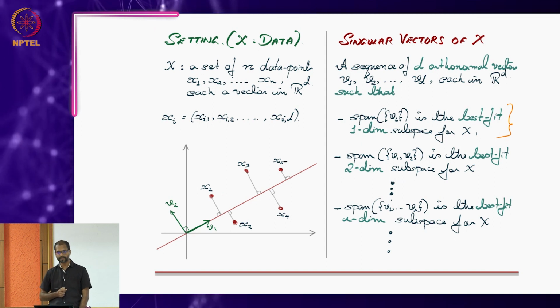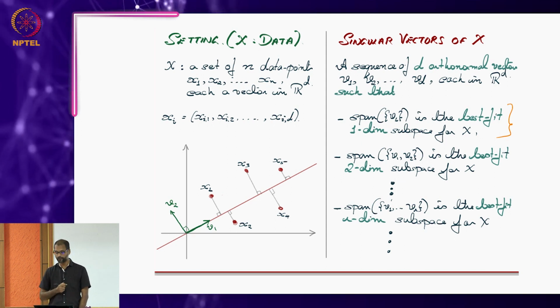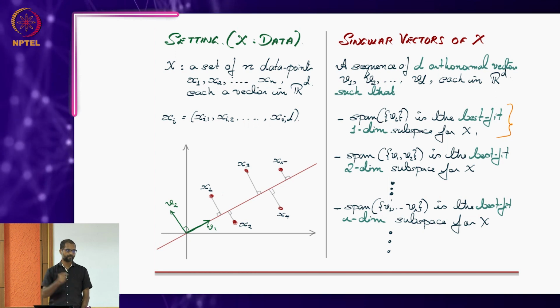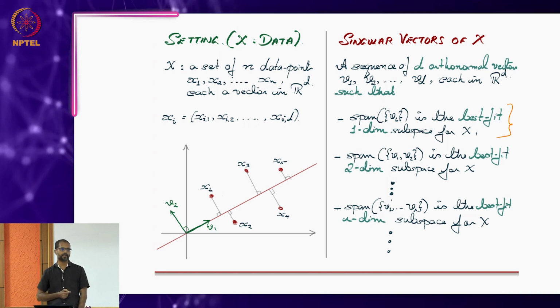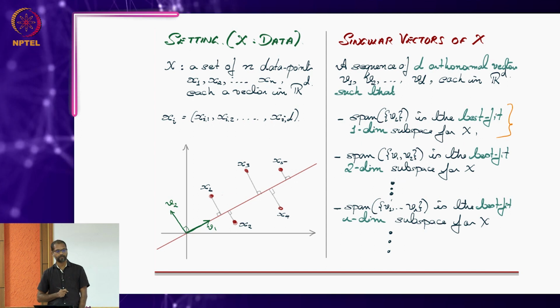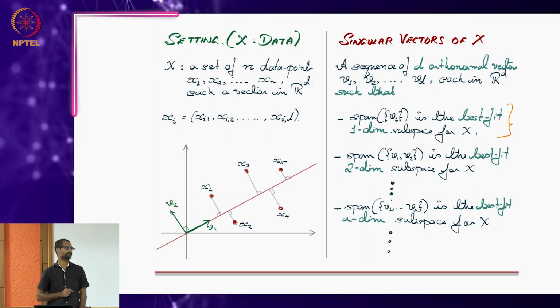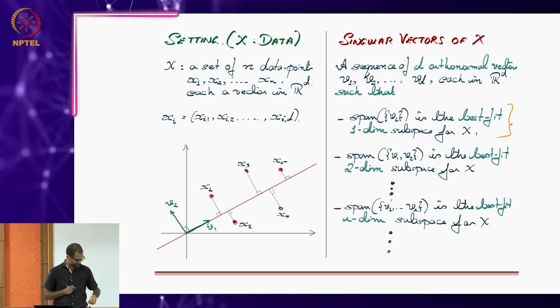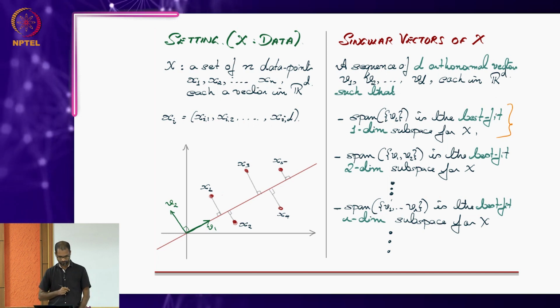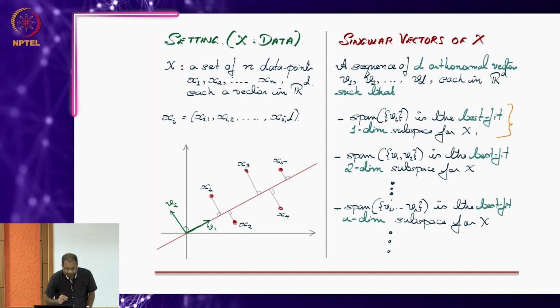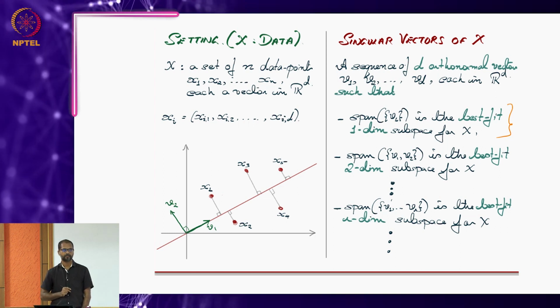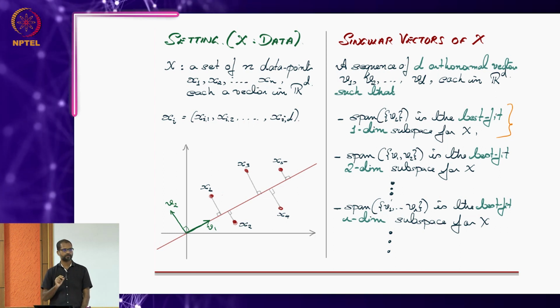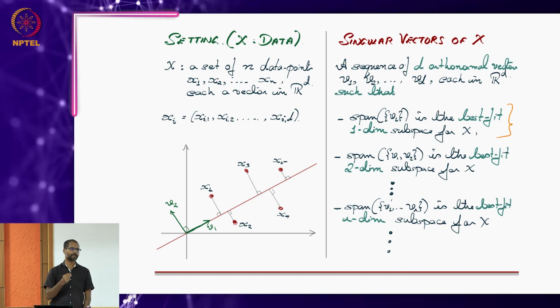The span of V1, the line along which V1 lies, is the best fit one dimensional subspace for your data. So we are ready to go to the next singular vector. Any questions so far?